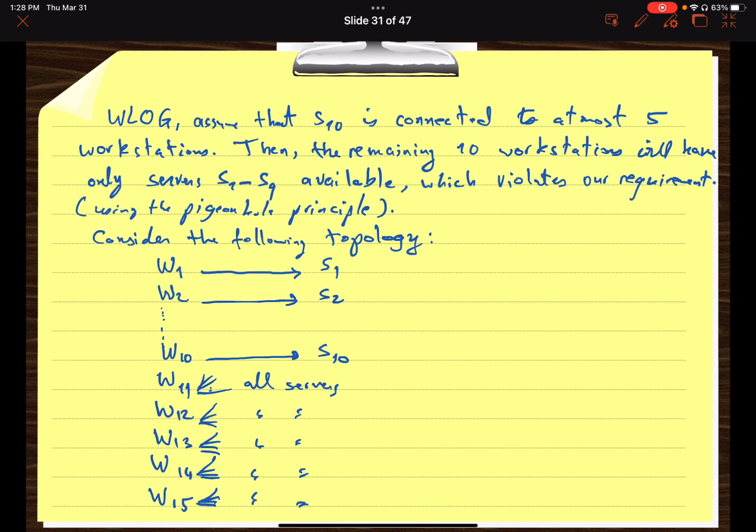Where am I going to connect them? To the available servers, because each of W11 to W15 is connected to all the servers. So if I have j workstations between W11 and W15, I can assign them to j available servers, because they are connected to all of them. Are you convinced? Yes.